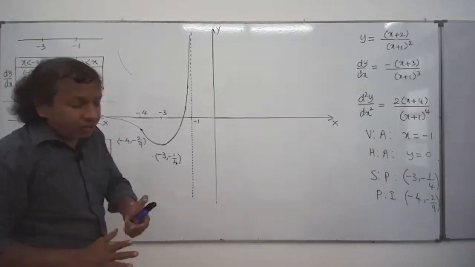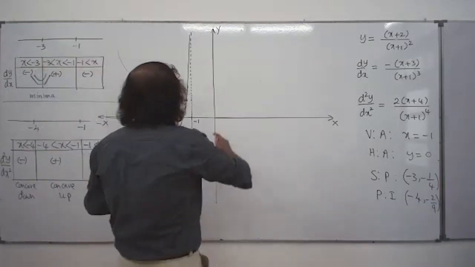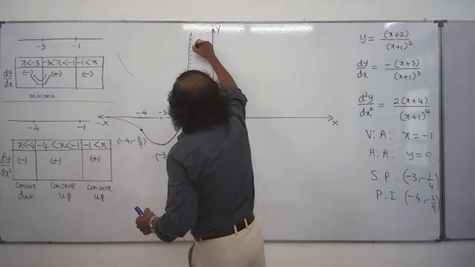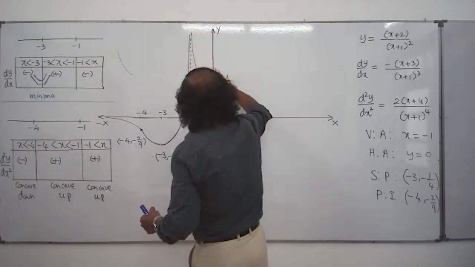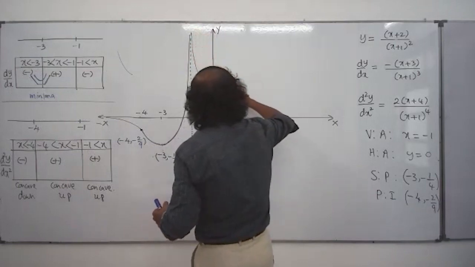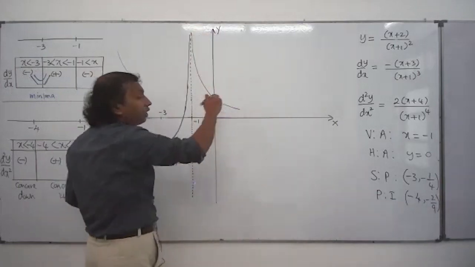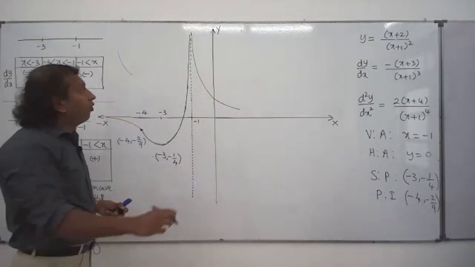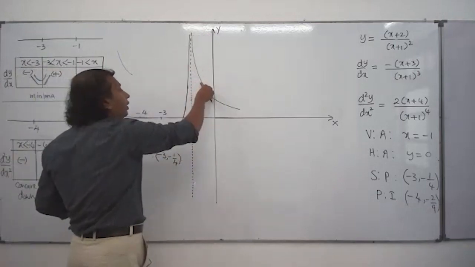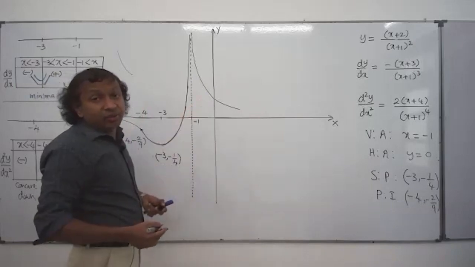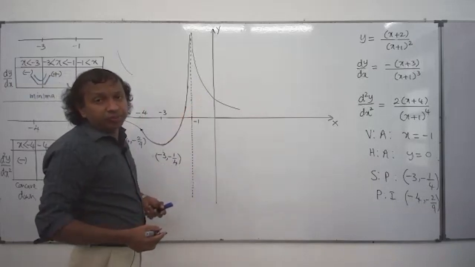To satisfy these 3 cases, people, the graph should be like this, no? Here, the graph should be like this. No? When we draw the graph like this, the gradient is negative. When we keep drawing the tangents, the graph lies above the tangent, concave up.